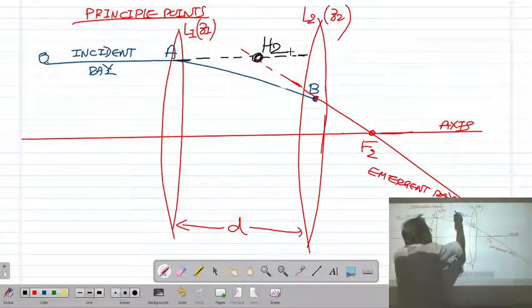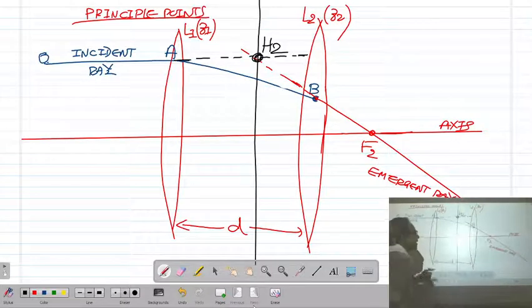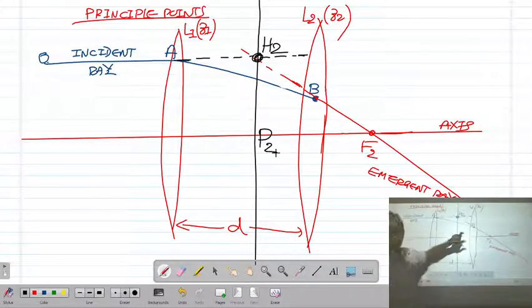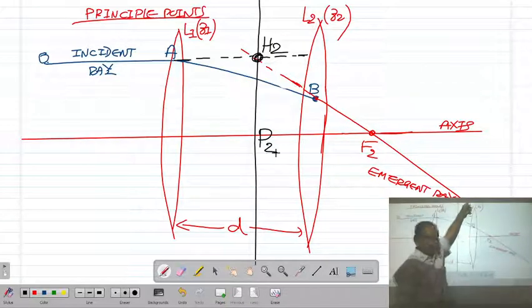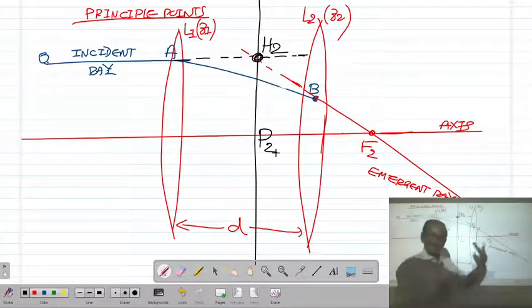The plane passing through point H2 and perpendicular to the axis is called the second principal plane. Once again I repeat, the plane passing through point H2 and perpendicular to the axis, H2P2, is called the second principal plane.